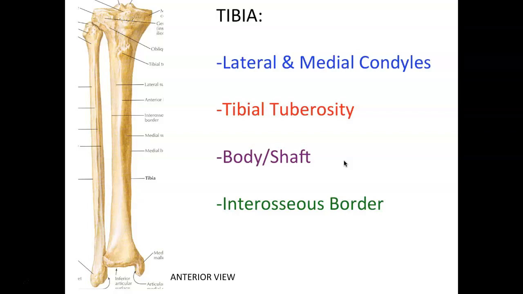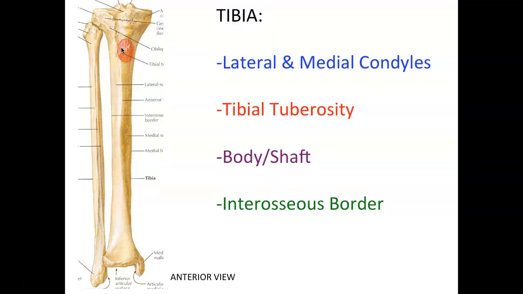Our tibia, like I mentioned earlier, also has condyles. We have a lateral condyle and medial condyle. This one being our medial condyle because we know our fibula sits laterally, so that would make this the lateral condyle. And then if we go a little bit inferior to that area, we're going to see our tibial tuberosity.